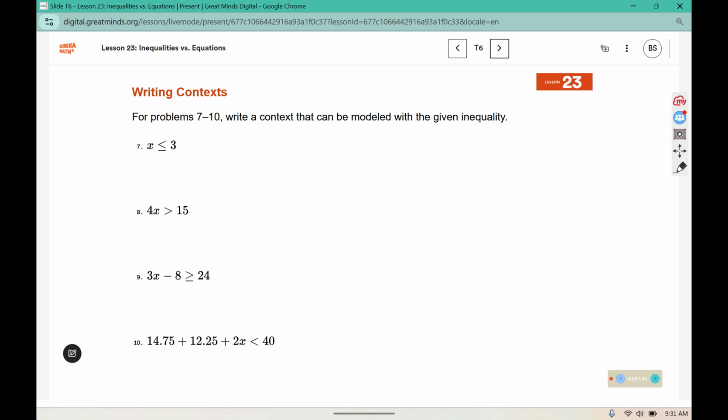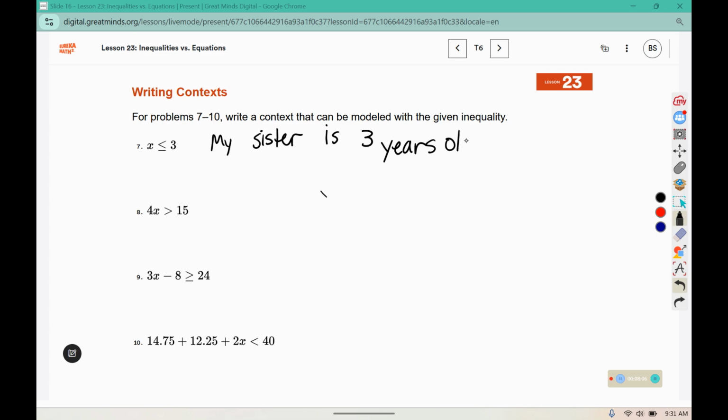For problems 7 through 10, write a context that can be modeled with the given inequality. So this is where you get to write the story problem. x is less than or equal to 3. It sounds something like this. My sister is 3 years old.